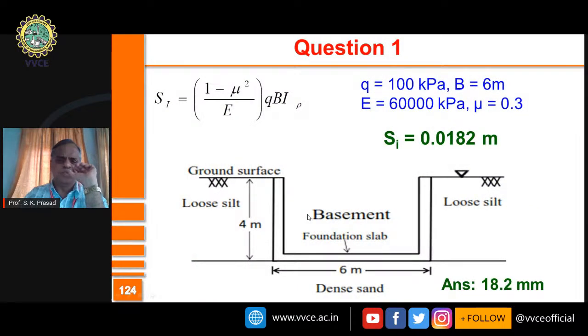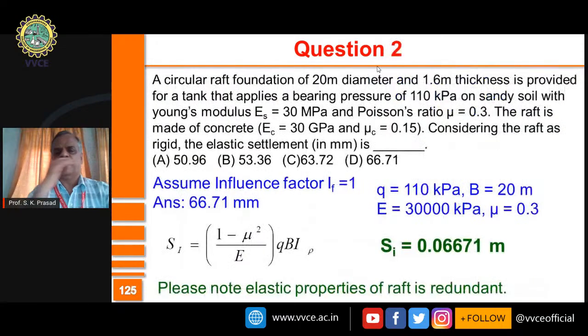B is the width of the foundation, that is 6 meters. Using the formula, we found the immediate settlement to be 18.2 mm, because Q is 100 kPa, B is 6 meters, Young's modulus is 60,000 kPa, and Poisson's ratio is 0.3.